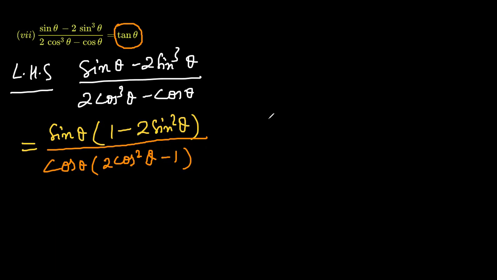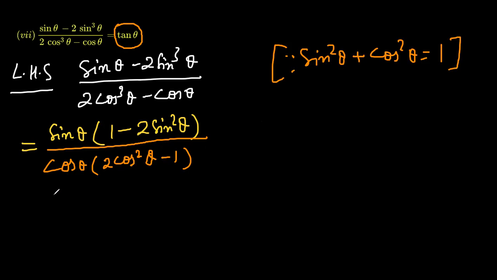We have the identity sine square theta plus cos square theta is equal to 1. So we are going to use this identity here, and we keep the sine theta by cos theta as it is. So this is sine theta as it is, cos theta as it is in the denominator. And let us keep the numerator as it is, 1 minus 2 sine square theta.